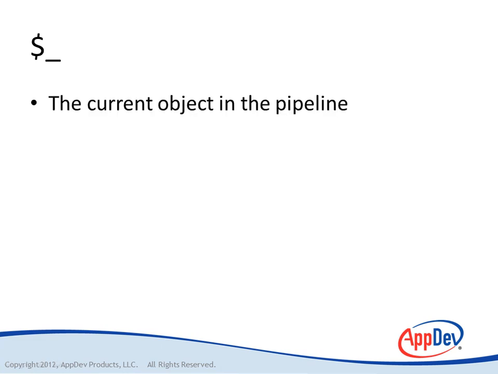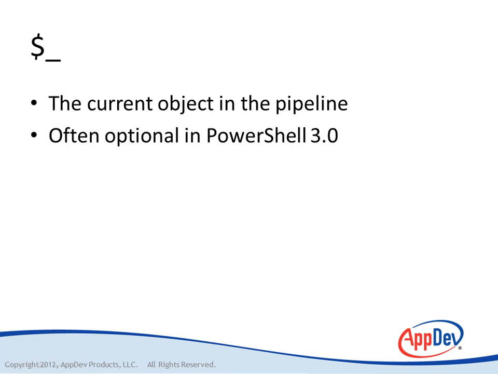There's a lot more to the object pipeline than accidentally adding things that you don't want to be in there. And when you're working with the pipeline, a lot of times you'll see the expression $_. This is one of those implicit or automatically created variables, and what it represents is the current object in the pipeline. Now, one of the syntax improvements they made in PowerShell 3 is that they made this symbol optional in a lot of contexts.